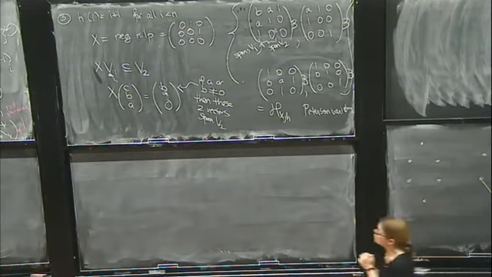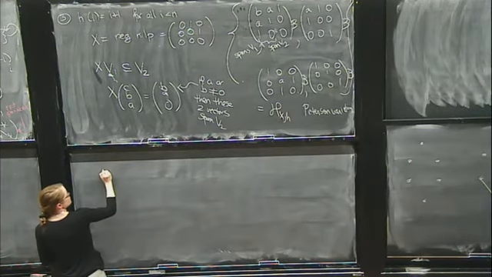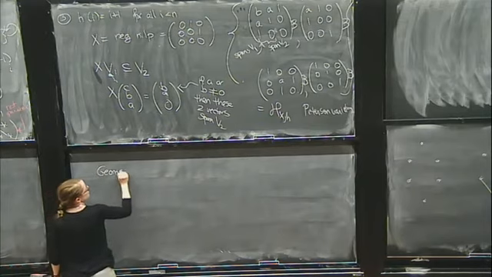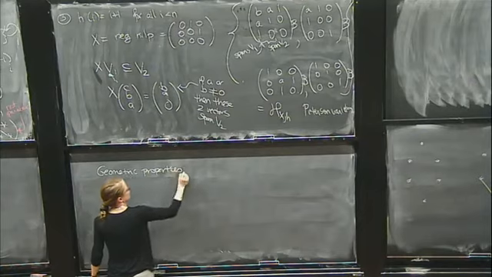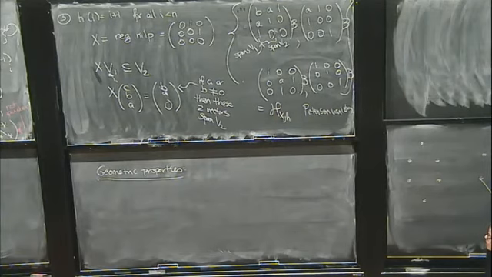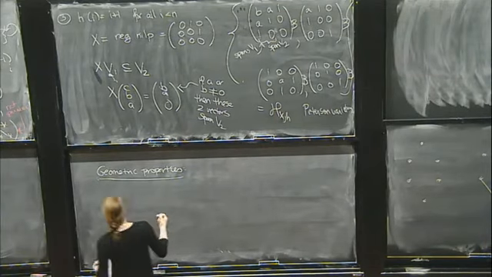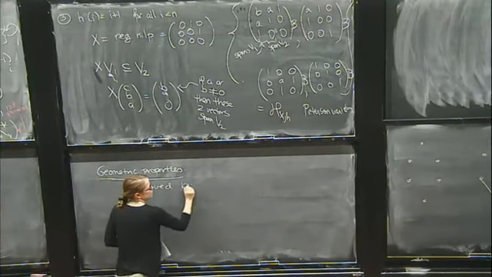So having introduced what these things are, let me make some general comments about geometric properties, things that I can say about Hessenberg varieties in general. One is, well, they can be fairly complicated, but they're paved by affines.